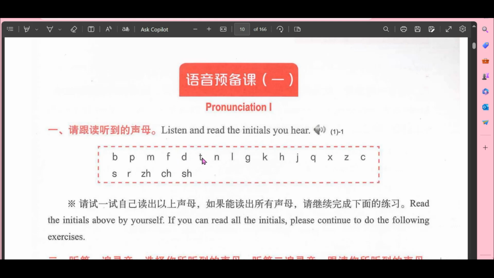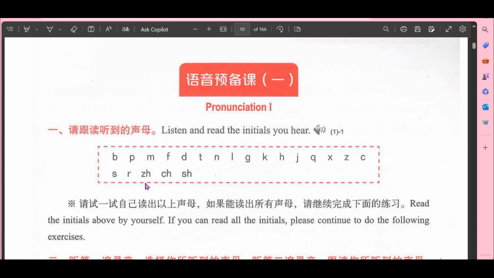De, te, ne, le, bo, po, mo, fo. Are you able to get those? If you're having a problem with these last three, then this is specifically for you.